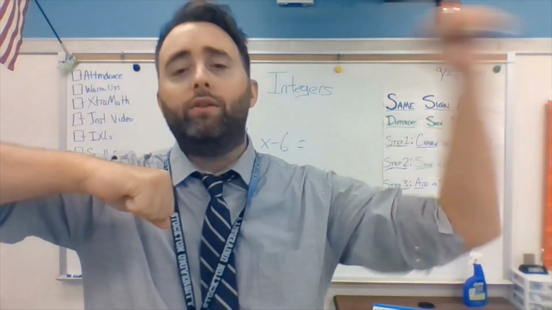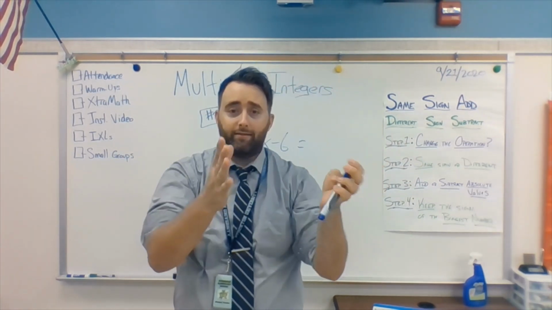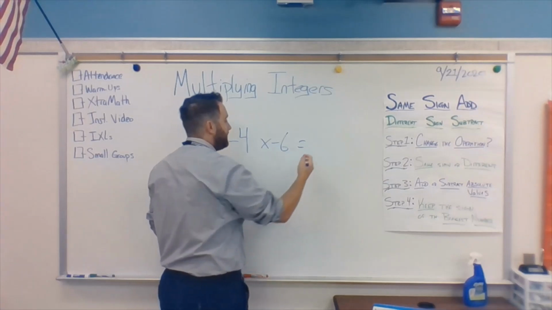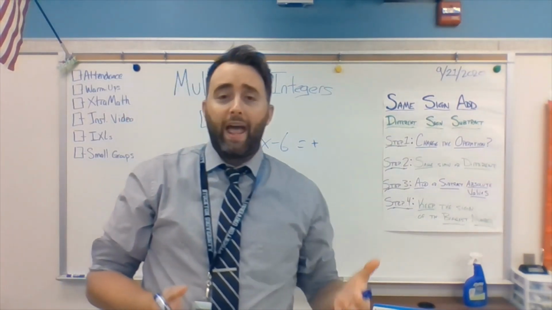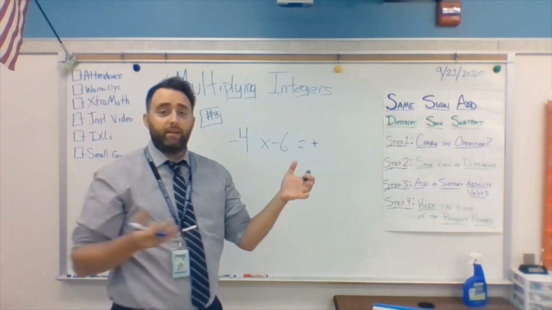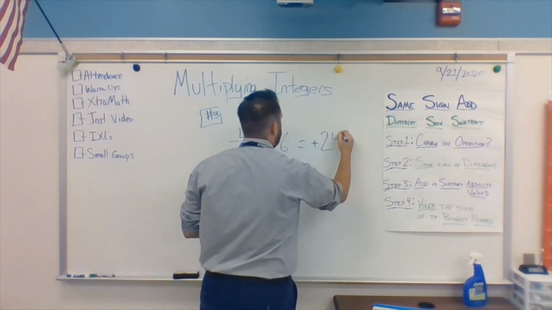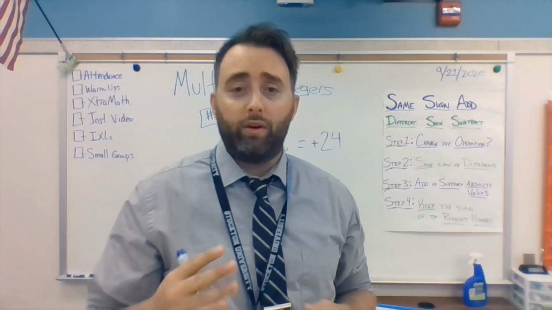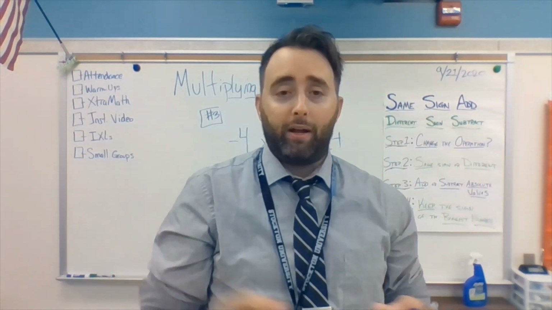You have Romeo and you have Juliet. Remember what they came together to combine into? A plus. So that means this negative and this negative will come together to make a positive answer. So a negative and a negative makes a positive. A positive and a positive makes a positive. So 4 times 6 is 24. Negative 4 times negative 6 is still positive 24, because Romeo and Juliet come together to make a positive.